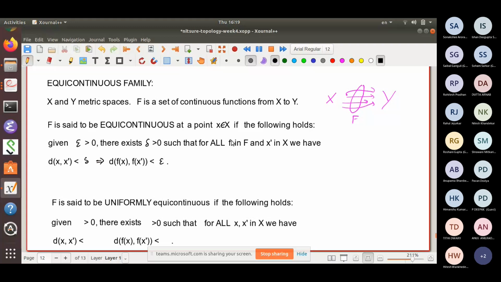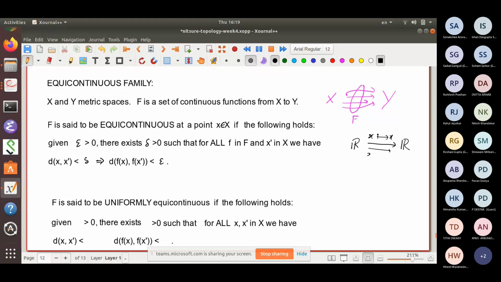If there was a single function, then this just says it is continuous at x. Equi means the same delta works for all functions in the family. For all these functions, I have a common delta.